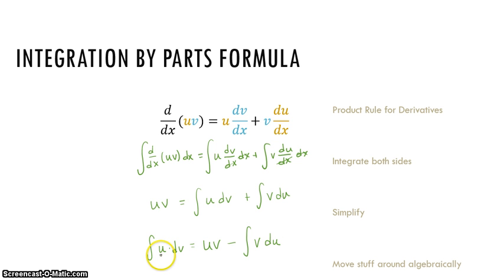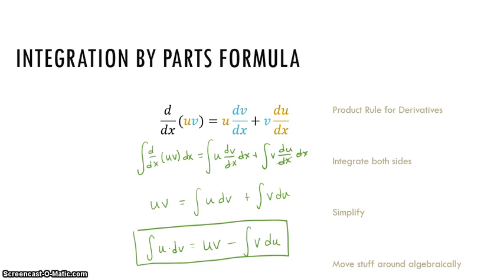So the integral of u with respect to v is equal to u times v minus the integral of v with respect to u. This is a formula that you're going to want to put a box around, because we're going to use this formula every time we do integration by parts.